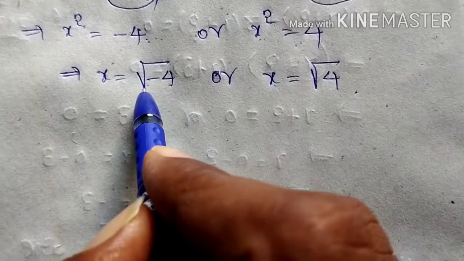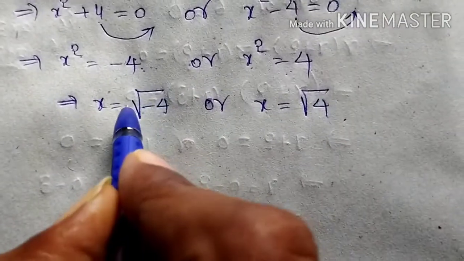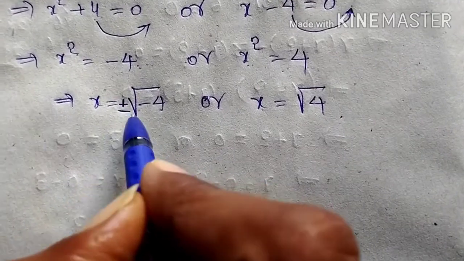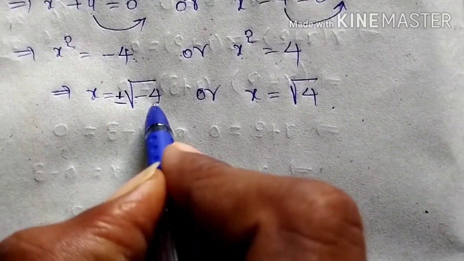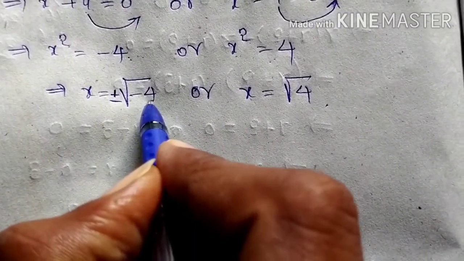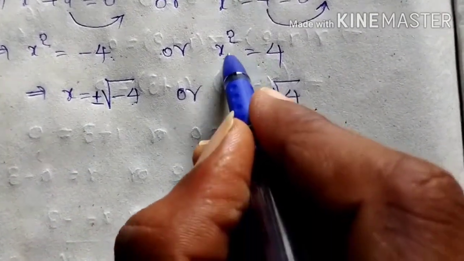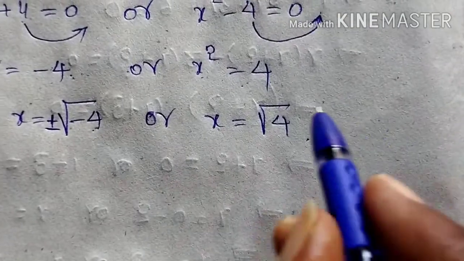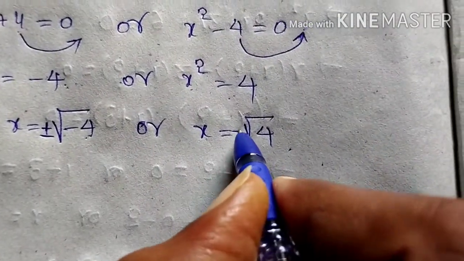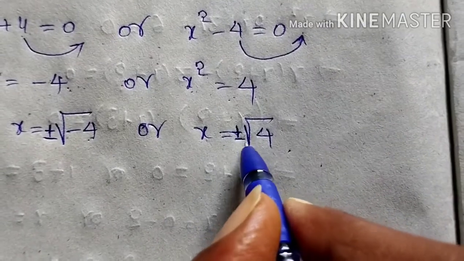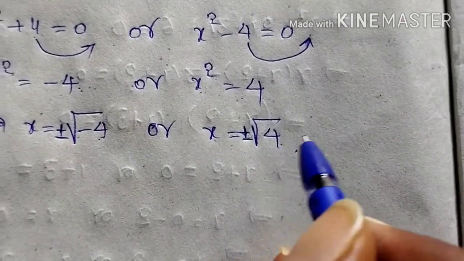But whenever you are writing square root, you mention plus or minus. You can write here plus or minus of square root of minus 4, or here also x square is equal to 4 means you can write x is equal to plus or minus 4 only.